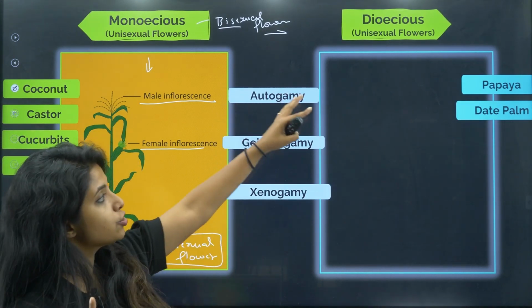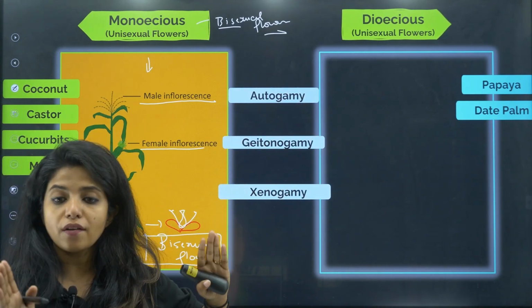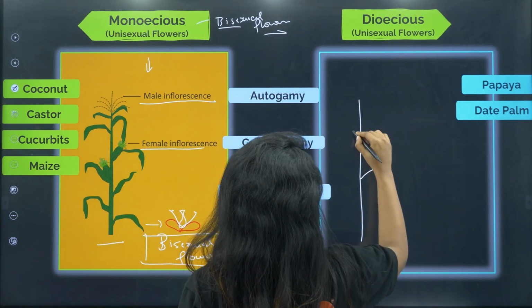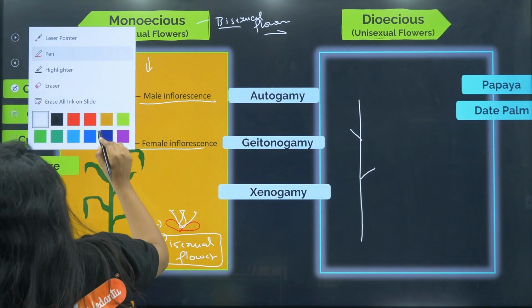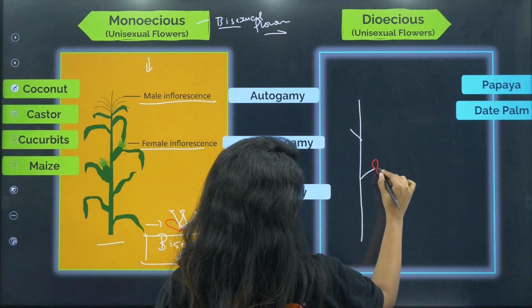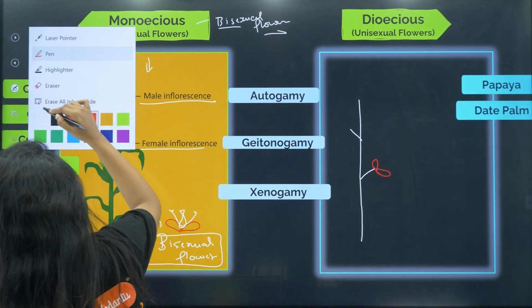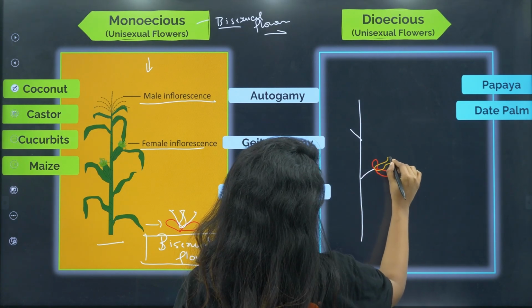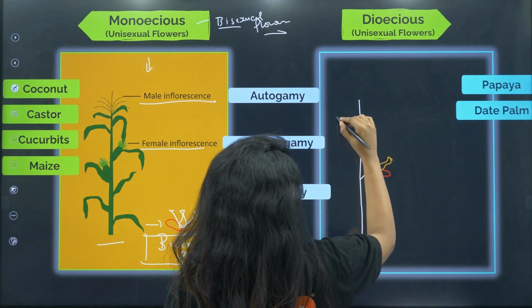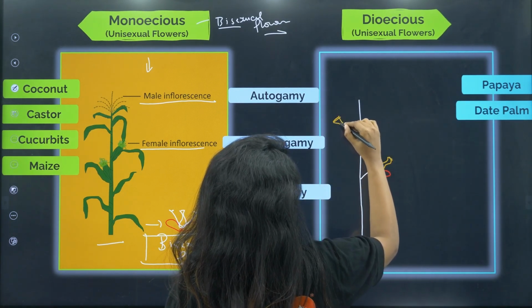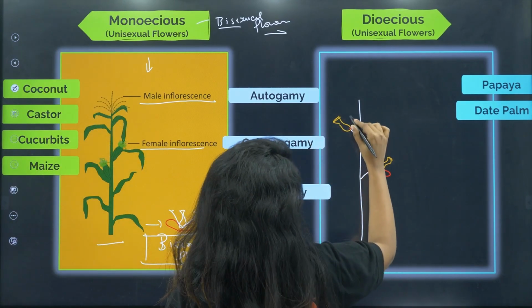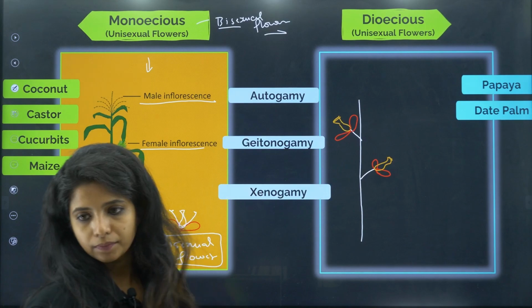Now, dioecious basically means you have one plant with flowers, and these flowers, children, will be having one sex only. So, it will be having a pistil. This flower is also having a pistil.